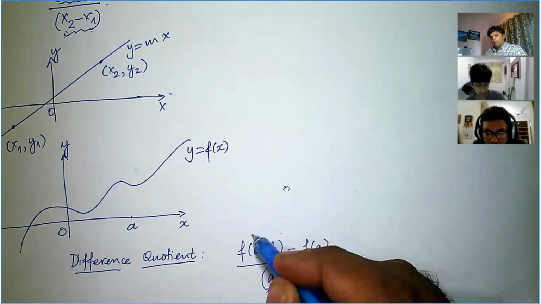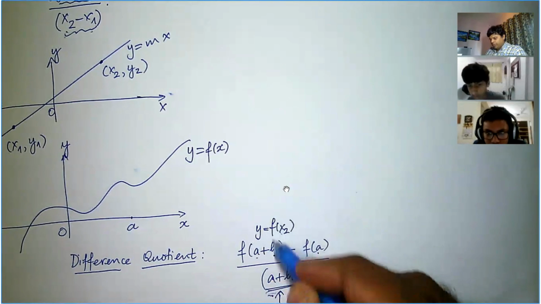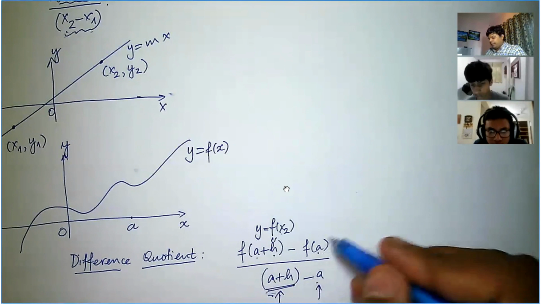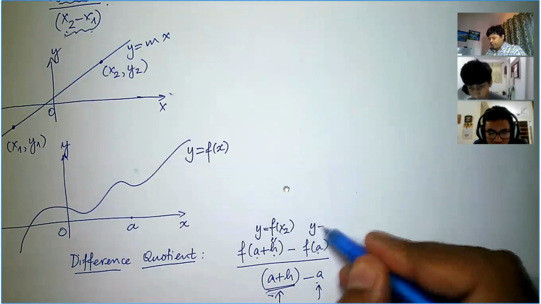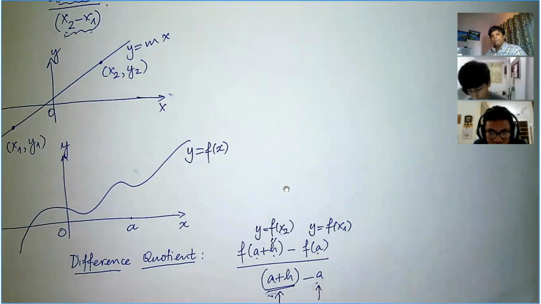Here y equals f of x2, and here y equals f of x1, which is f of A, because x1 is A.